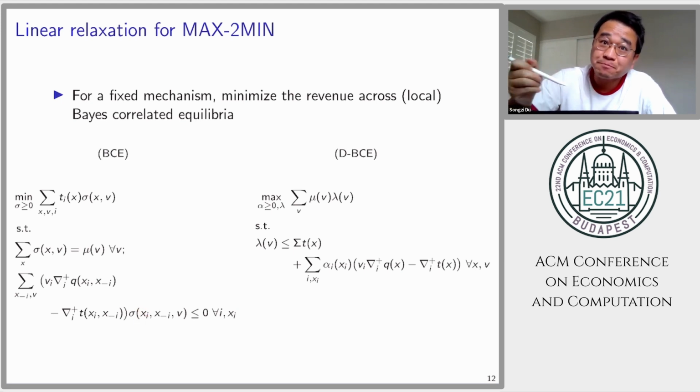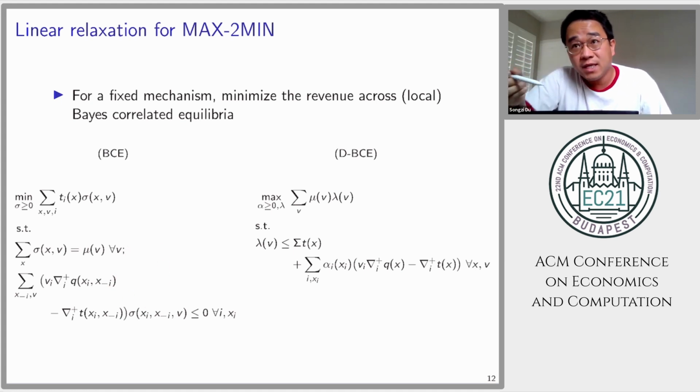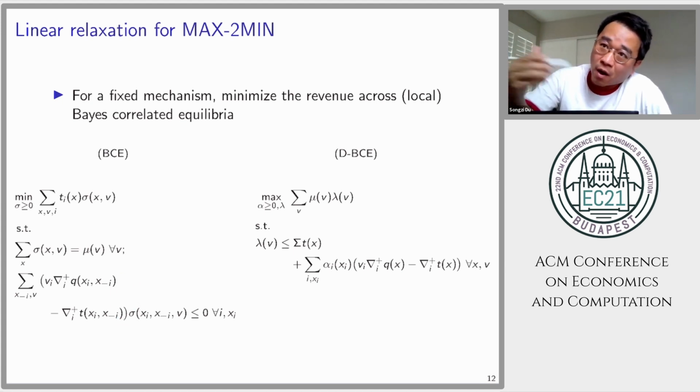The reason that we look at local BCE is related to what Ben talked about in the large part of the previous lecture. There we have seen that just focusing on local incentives, with a very simple mechanism, we can already have a very powerful revenue guarantee.